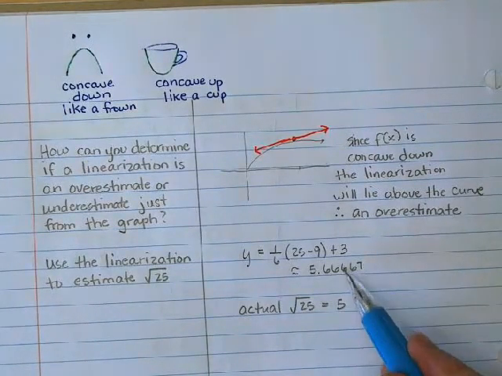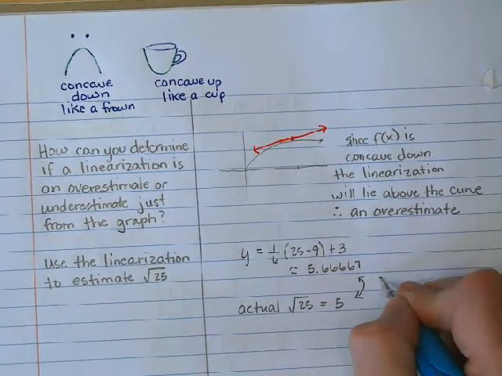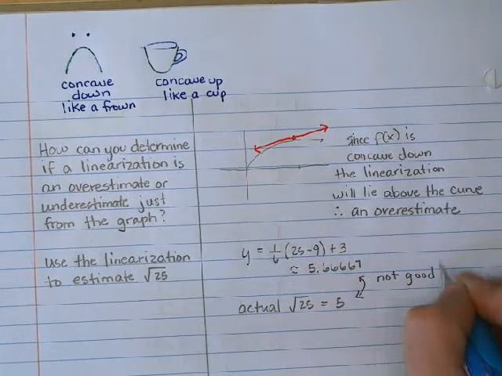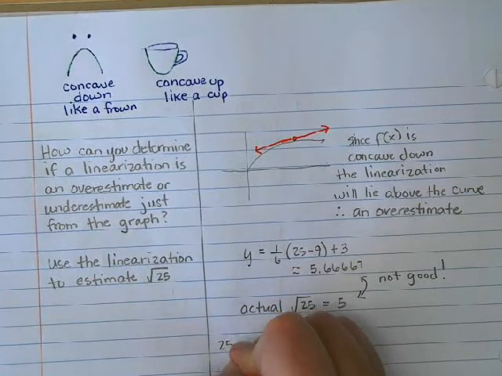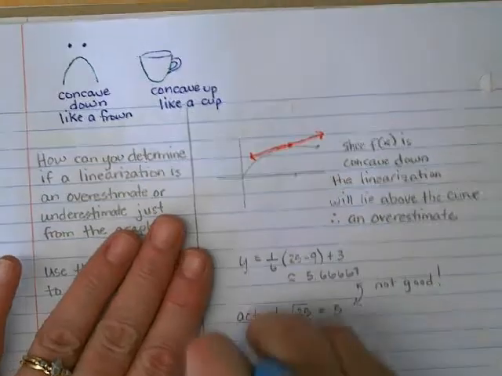So, I mean, it's not horrid, I guess, but for math, we're going to say, no, we don't like that. It's not good. And the reason is because 25 is too far away from 9.